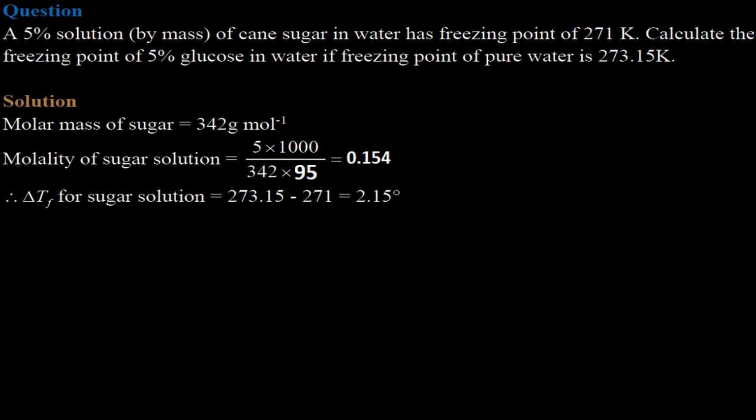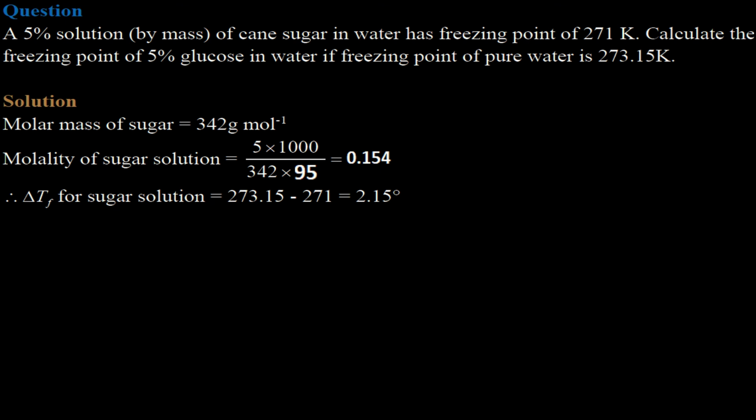Now the delta TF of the sugar solution. The freezing point of pure water is 273.15, and the 5% solution of cane sugar in water has a freezing point of 271. So the depression in freezing point is 273.15 minus 271, which in the first case is 2.15.